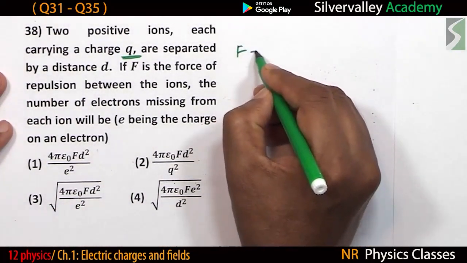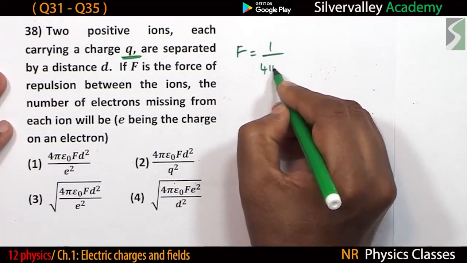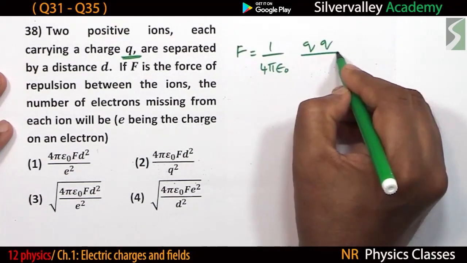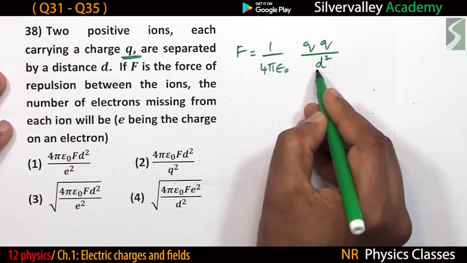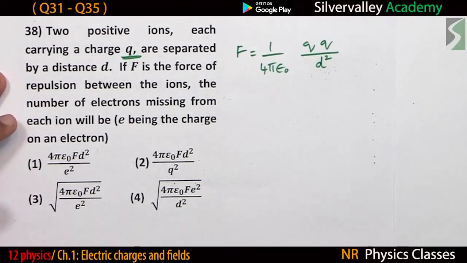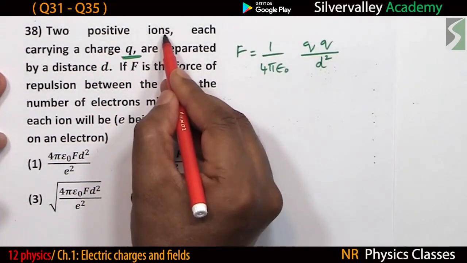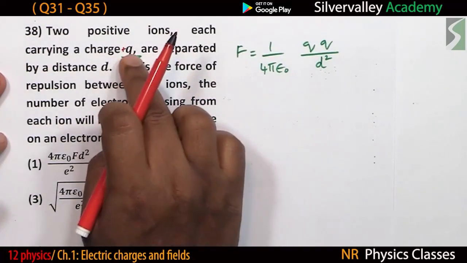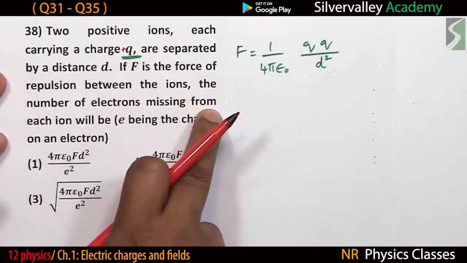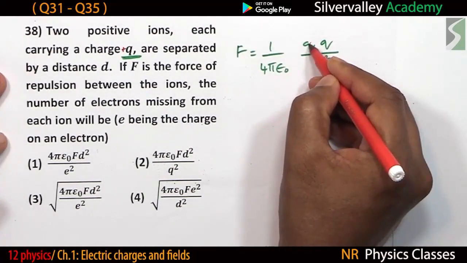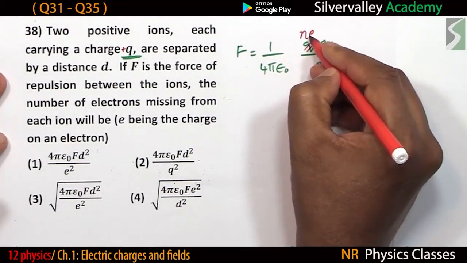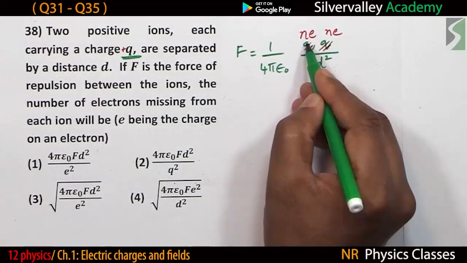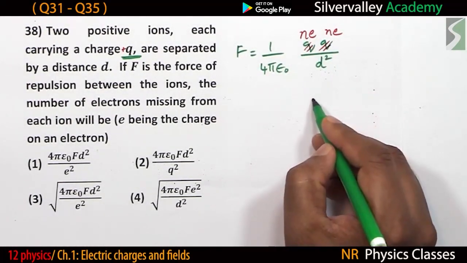Force is 1 by 4 pi epsilon naught q by d square. This is from Coulomb's law. It is a positive ion, which means this charge is positive. Positive ion is due to loss of electrons. Therefore, this q is n times e. This q is n times e. n into n is n square.